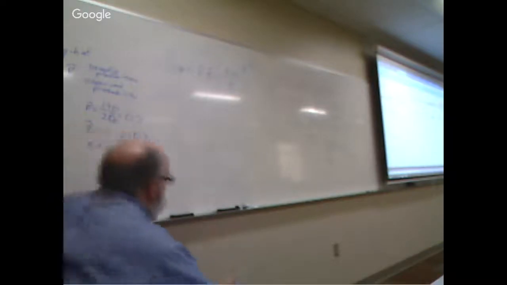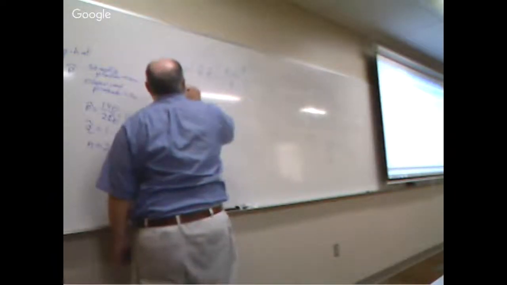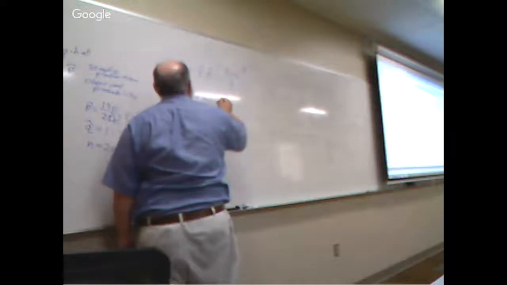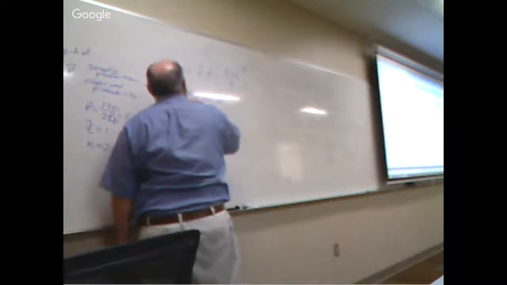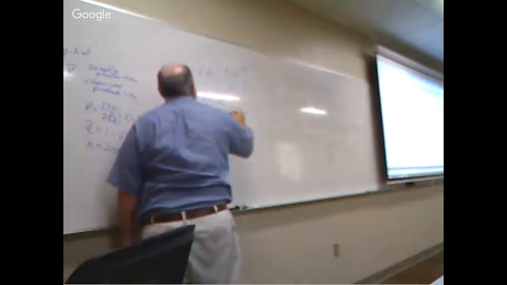Okay? So let's say that I want a 95% confidence interval to be accurate within 3%.